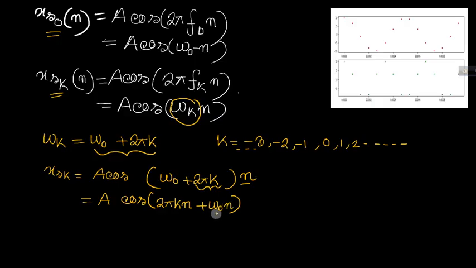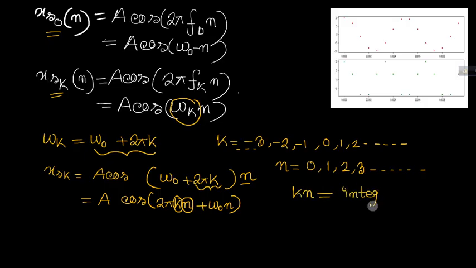And we know that n is a positive integer, 0, 1, 2, 3, and so on. That means k is an integer, n is also an integer. That means k into n is also an integer, right? It might be -3, -2, -1, 0, 1, 2, etc.